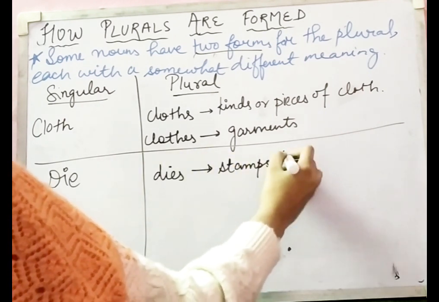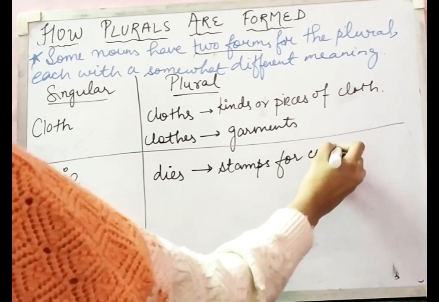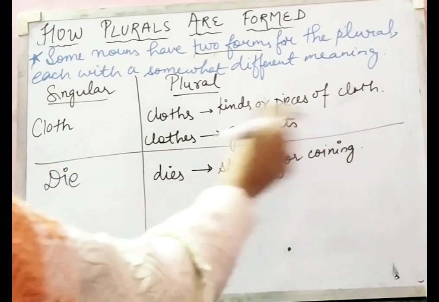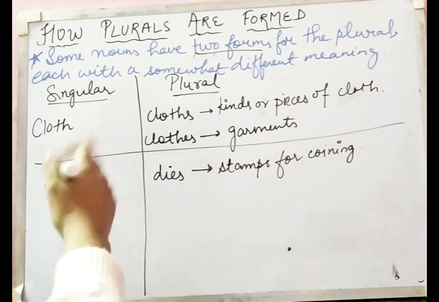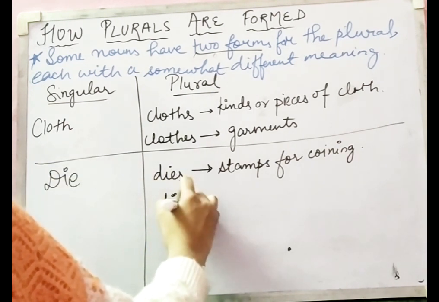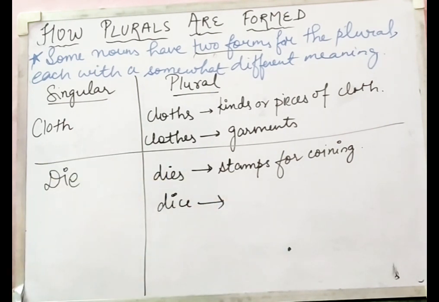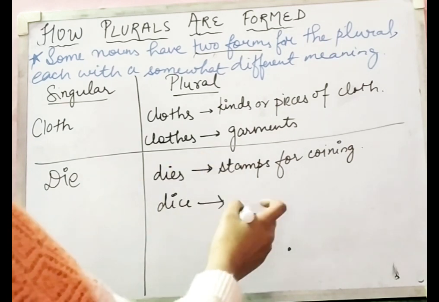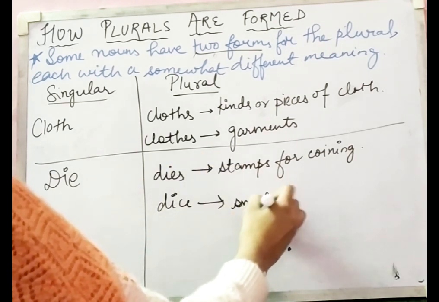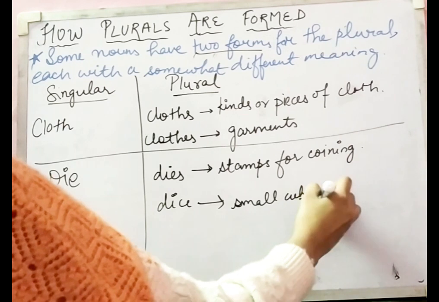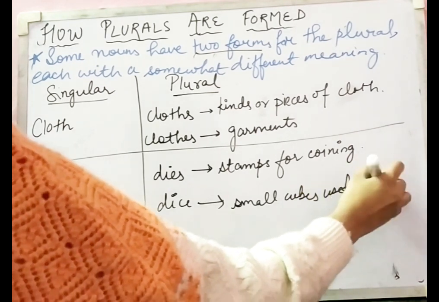Stamps for coining, that is called a die. And there is one more, dice, that I think you all know, that you play with in Ludo. Small cubes used in games.